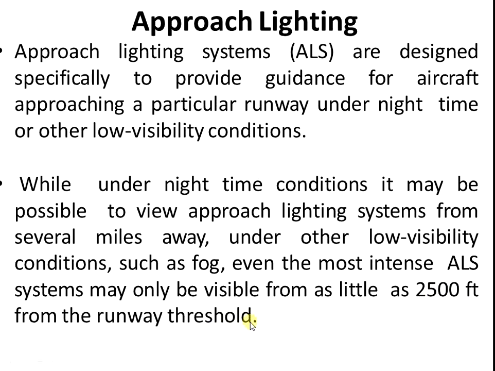That is, the ALS is visible to the pilot from several miles away normally, but at the time of low visibility, such as fog or the winter season, the ALS is very helpful in guiding the pilot for landing, as it is visible from a distance of 2,500 feet from the runway threshold. The runway threshold is nothing but the runway end.